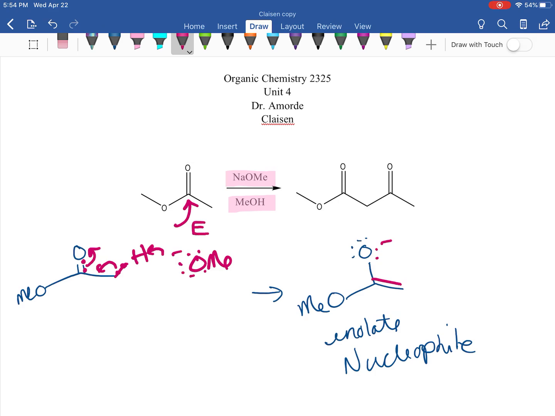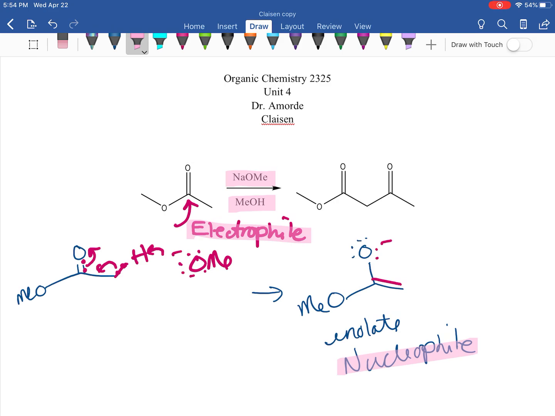Esters, just like ketones and aldehydes, do have dual reactivity, so your enolate is a good nucleophile, and your ester can also be an electrophile right in that carbon. So just like aldehydes and ketones, we've got 2 different reactivities.